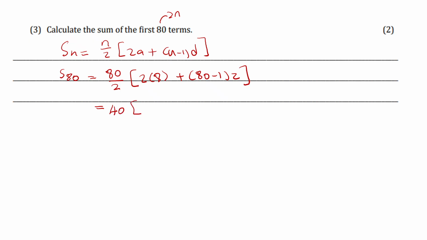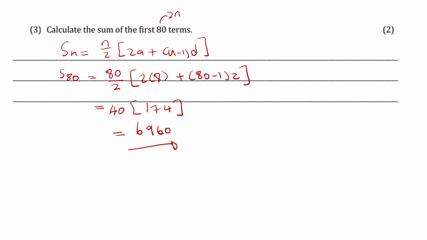So 2 times 8 is 16, plus 80 minus 1, that's 79, times 2. When you add everything inside the bracket, you have 174. Then 174 times 40 gives us 6,960. So the sum of the first 80 terms is 6,960.